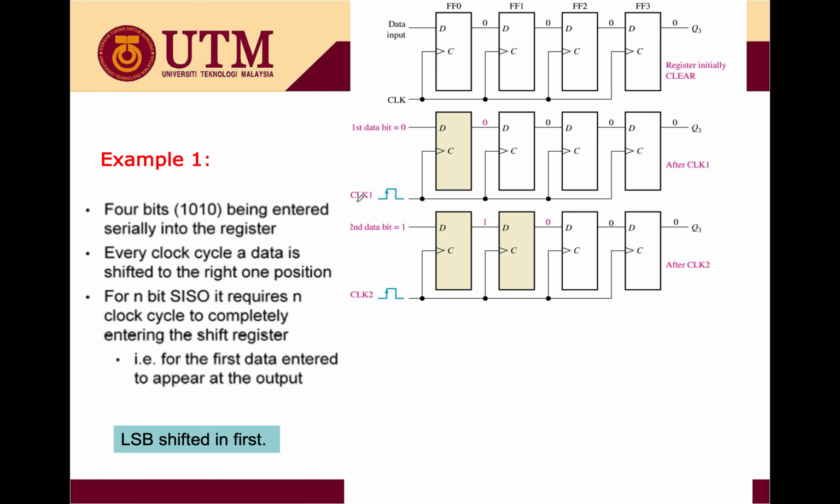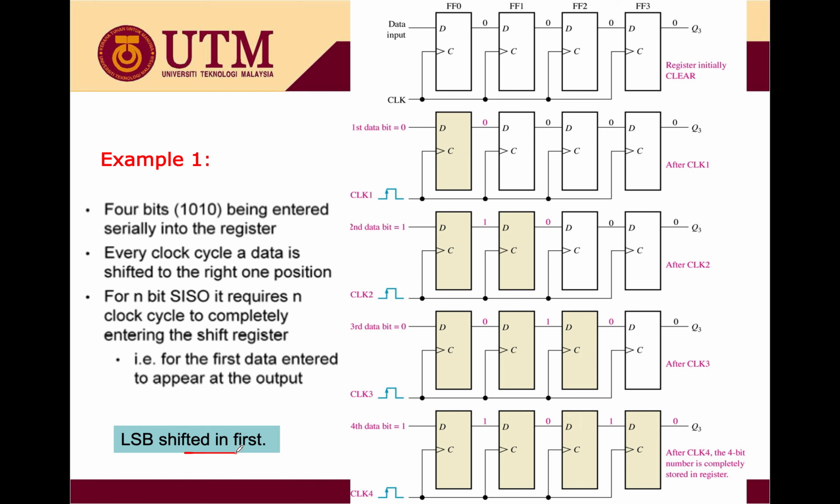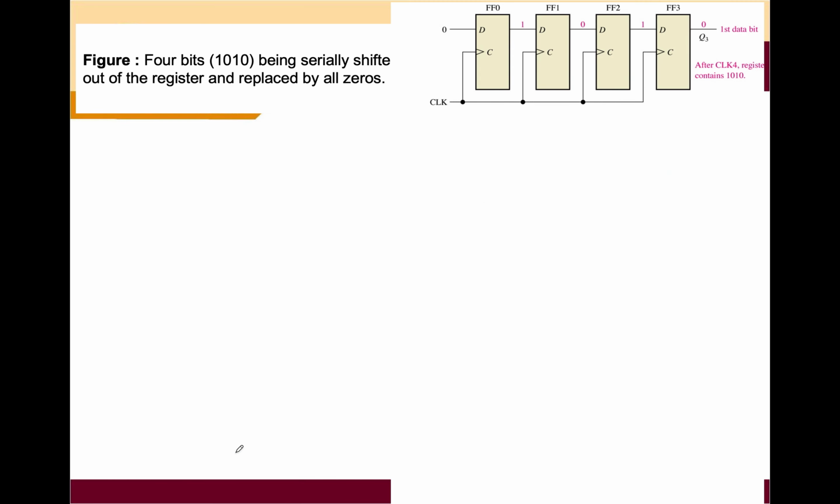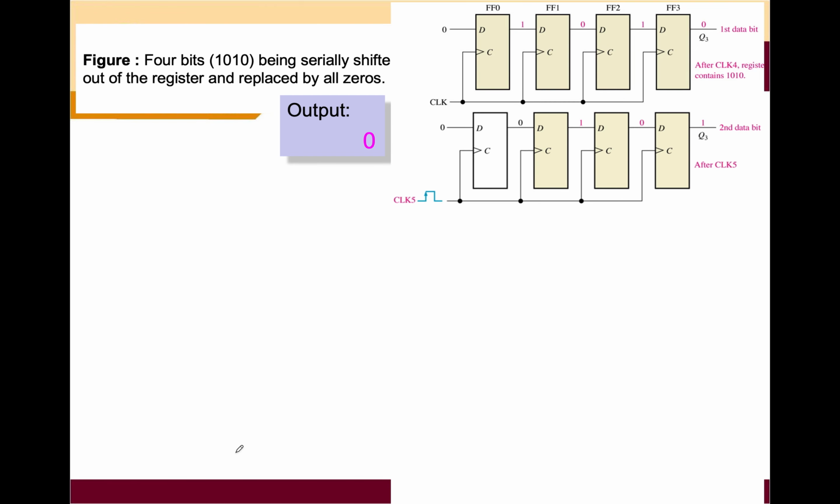So this is going to be LSB shifted in first. It's not giving you the examples of the output, but it's okay. Over here you have the example. Let's say first of all you have the value of 0. Of course, first you're going to pick this and then this and then this and then this, from LSB to MSB, right?